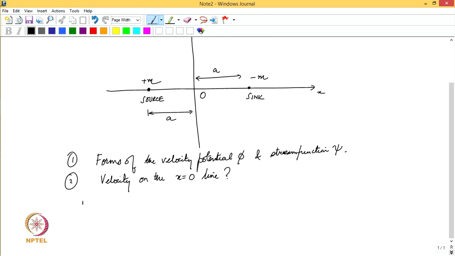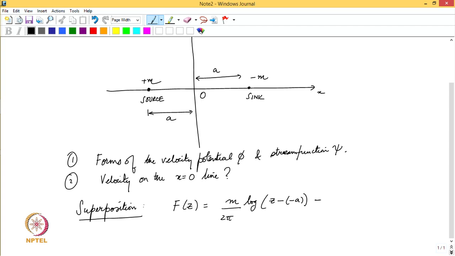So, let us start with this superposition problem. When we superpose these two elementary flows, we will write that the resulting complex potential in this case will be m by 2 pi, say log z minus a, noting that the source is located to the left of the origin at a coordinate minus a comma 0, and we have a sink which is located at a coordinate a comma 0.